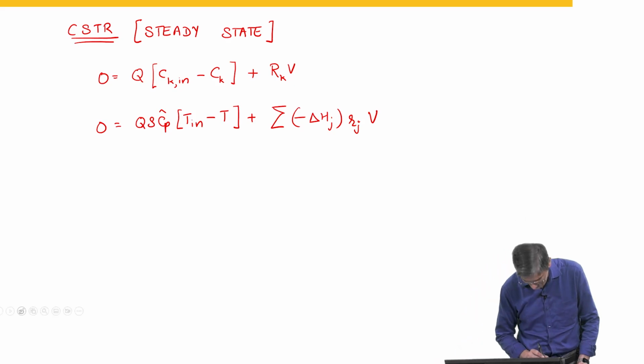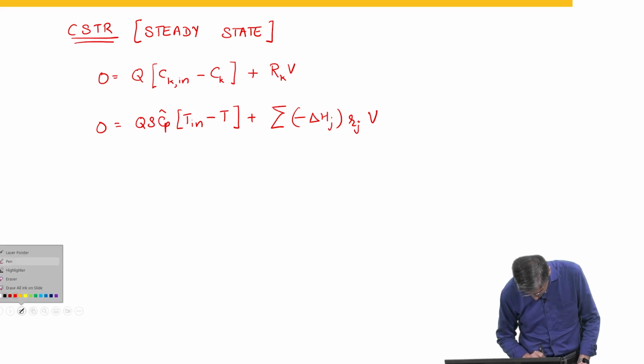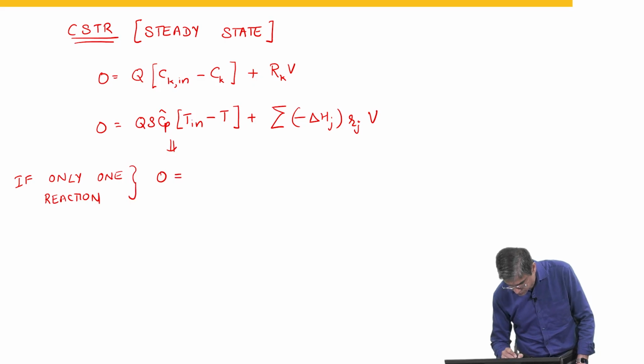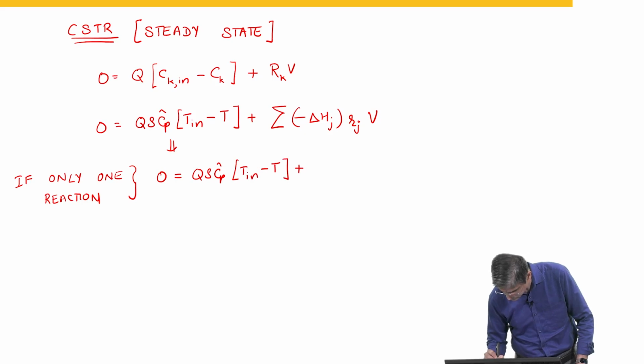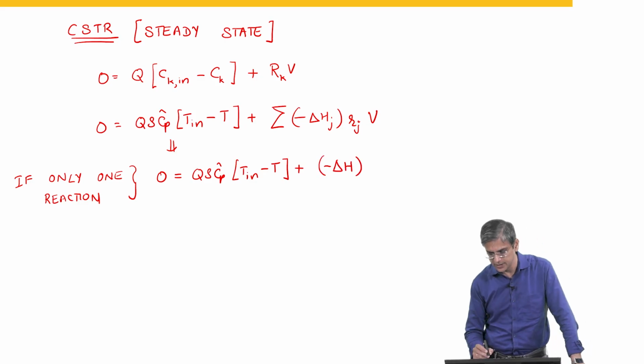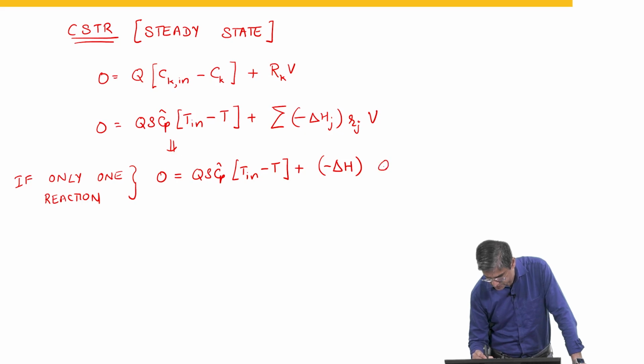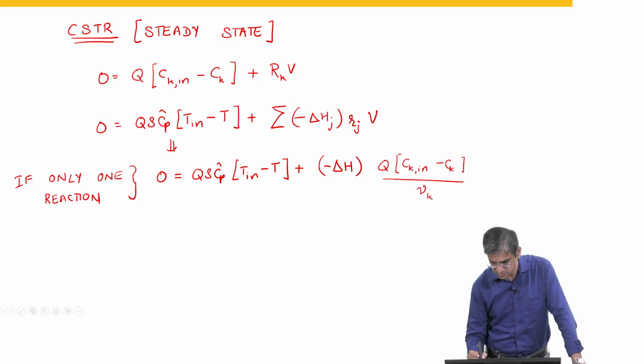What did I say just now? If one reaction only, then this equation becomes 0 equal to the balance, and r multiplied by V is just going to be nu k r V. If this is just nu k r V, you can replace this with Q multiplied by Ck in minus Ck divided by nu k.